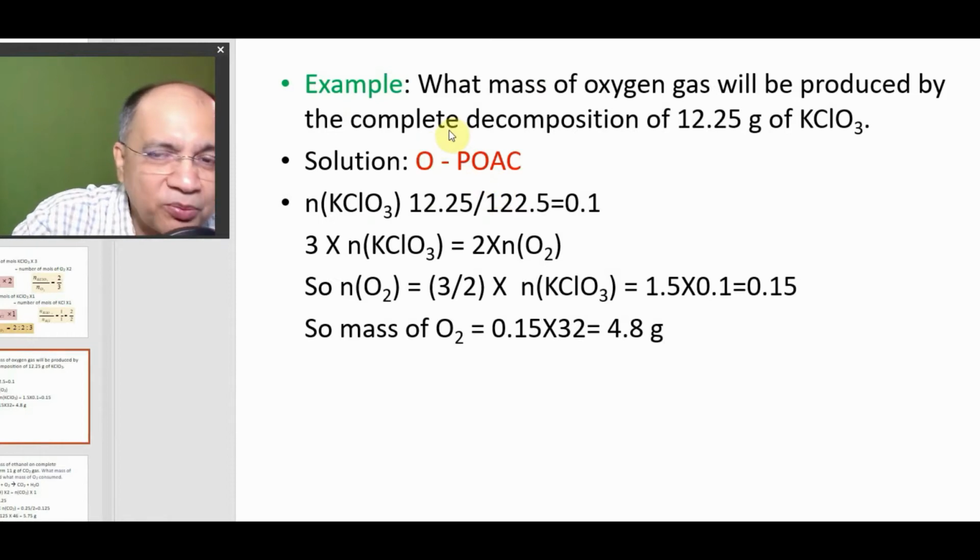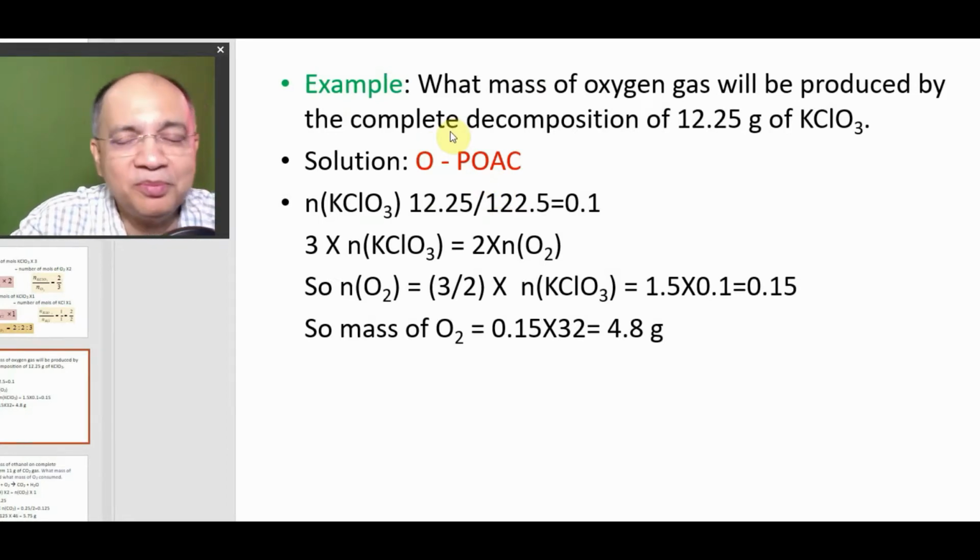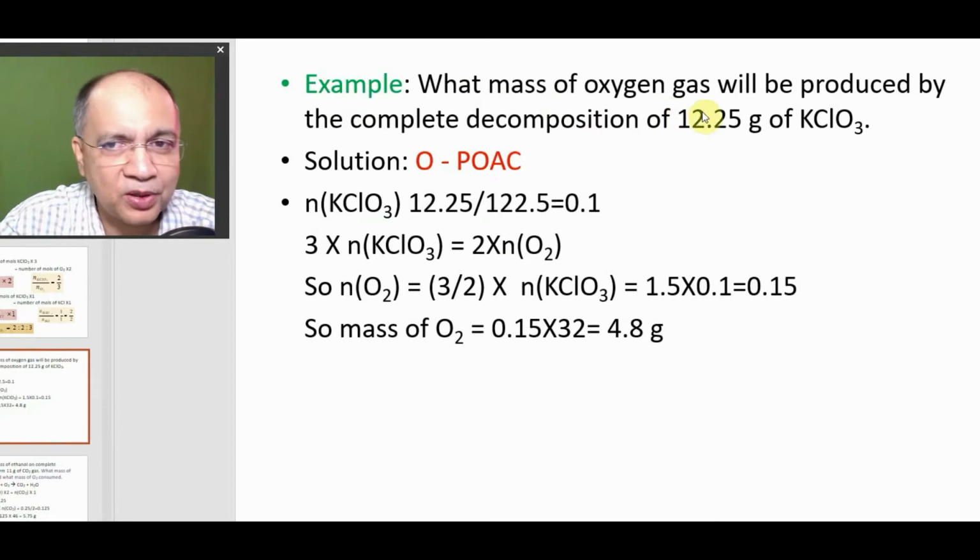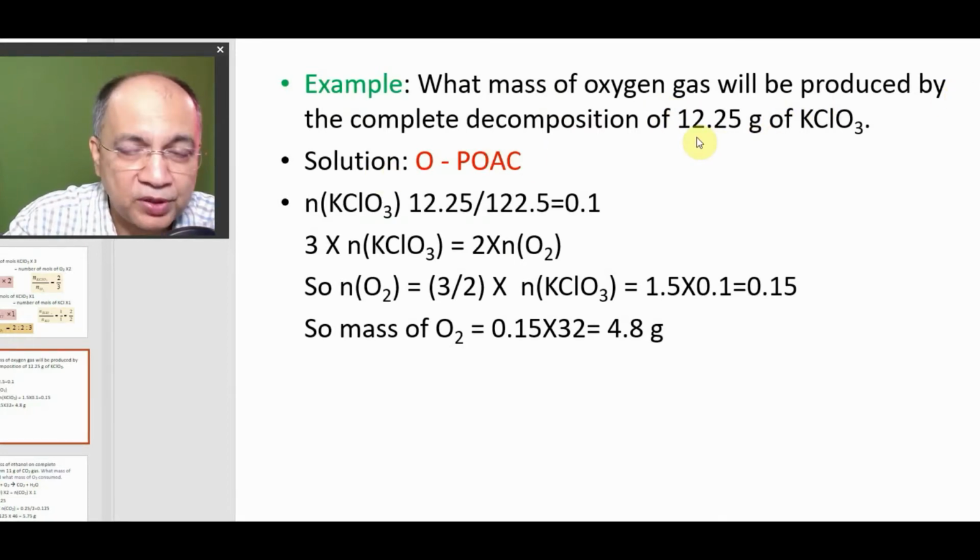Now let us solve a problem. The same reaction. What mass of oxygen gas will be produced by the complete decomposition of 12.25 gram of KClO3? Now, the reaction is this.